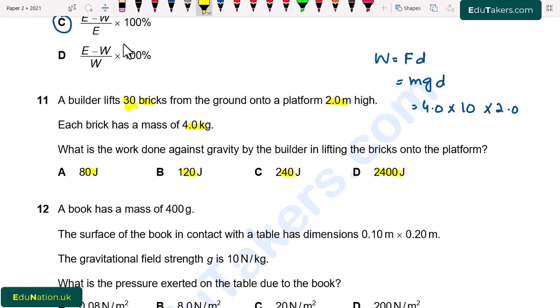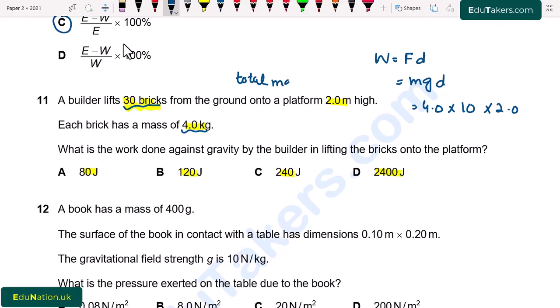But it is given here that there are a total of 30 bricks, and the mass of each brick is 4.0 kilogram. And we have to find the work done by lifting all of these bricks.